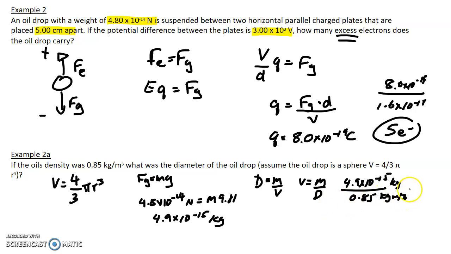That gives you a volume of 5.756 times 10 to the negative 15 meters cubed.